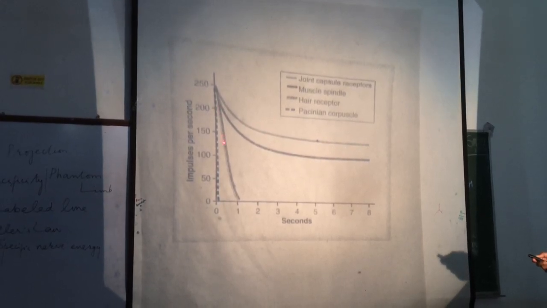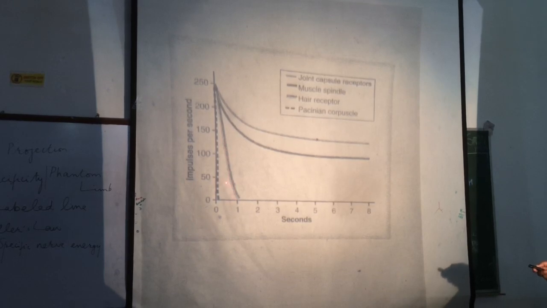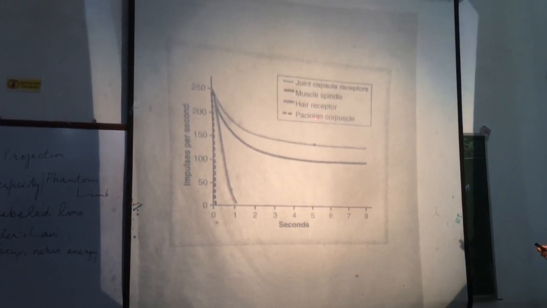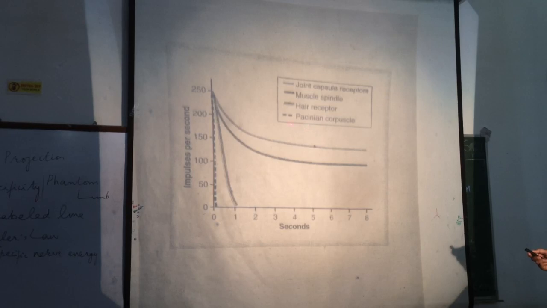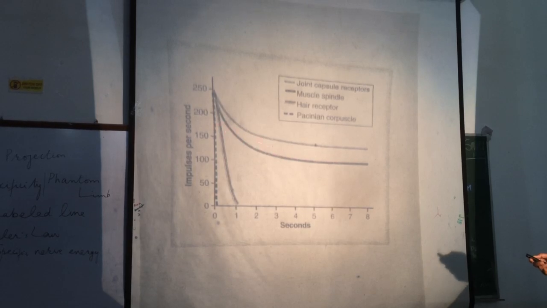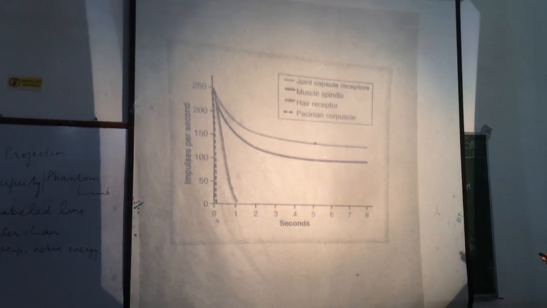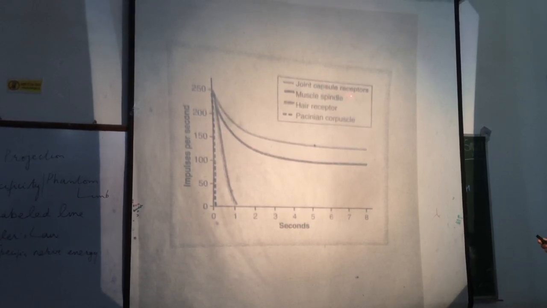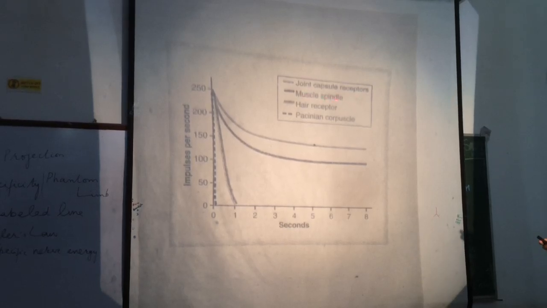So these are the phasic receptors, including hair follicle receptors and Pacinian corpuscles. And these are the tonic receptors undergoing incompletely slow adaptation. These include the joint capsule receptors, say Ruffini end organs, and also the muscle spindles.